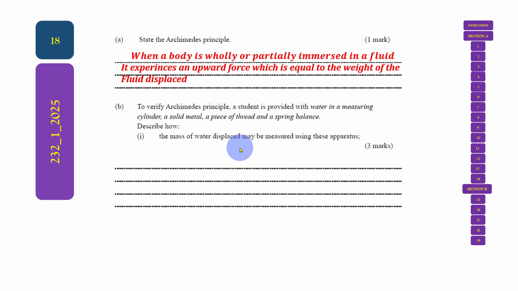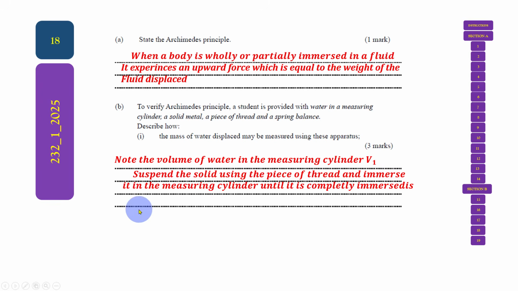So how do we do this? These are the steps that we are going to follow. Number 1, note the volume of water in the measuring cylinder, maybe call it V1. 2, suspend the solid using the piece of thread and immerse it in the measuring cylinder until it is completely immersed.